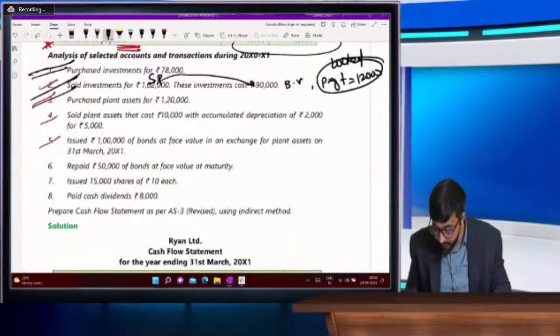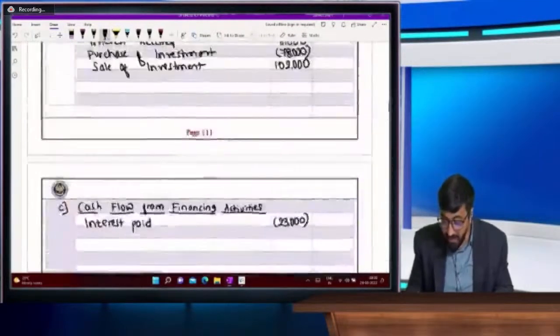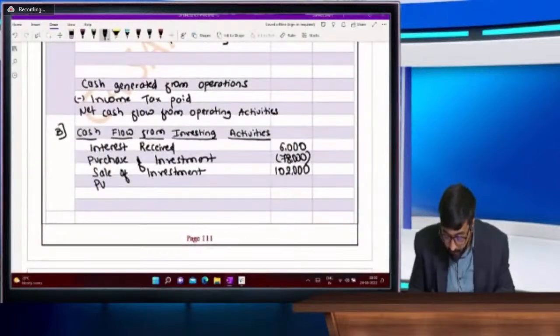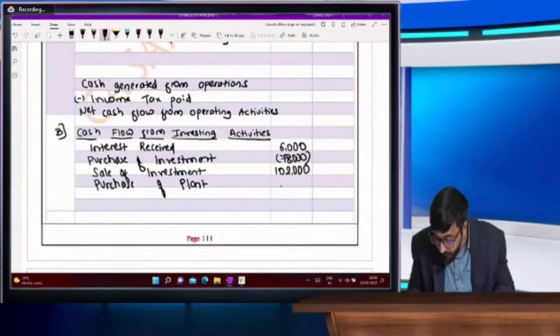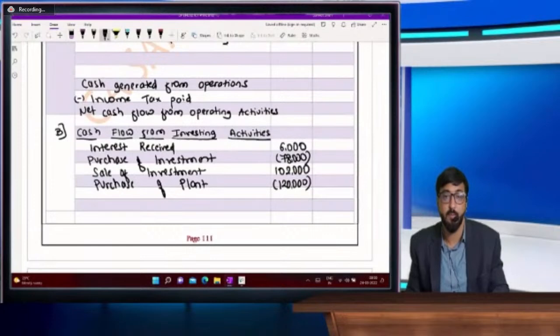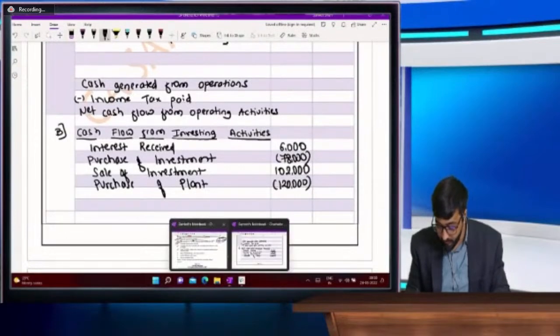Second effect, investing activity. Purchase of plant. Negative figure. 1,20,000. Purchase of plant. Negative figure. 1,20,000. Next one.